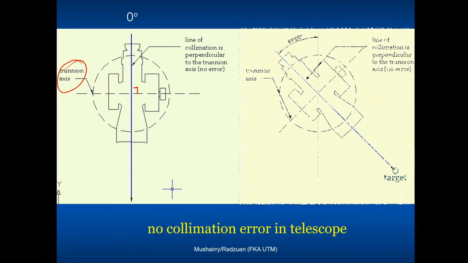If that is the case, if I point it to a target, that point there, and there's no other error, let's say it's in perfect condition, the angle is 45 degrees, meaning that the collimation line is exactly 90 degrees to the trunnion axis.